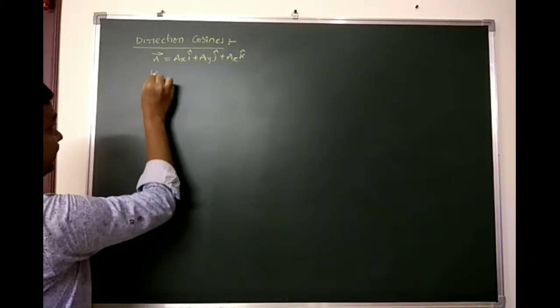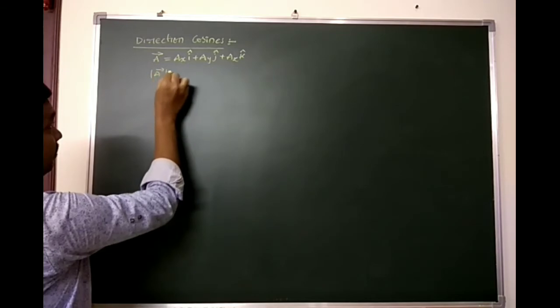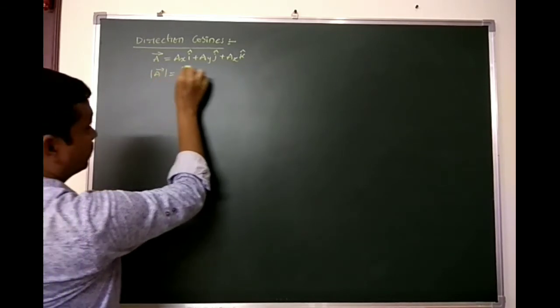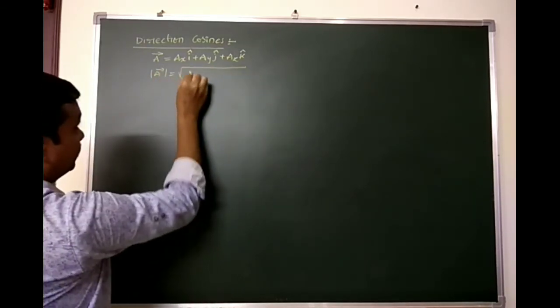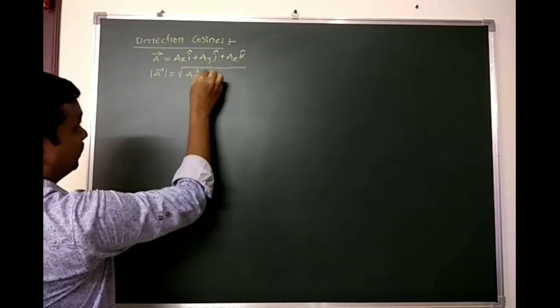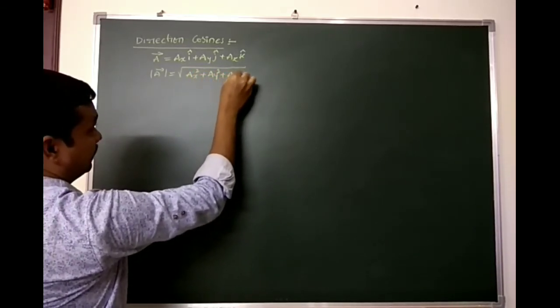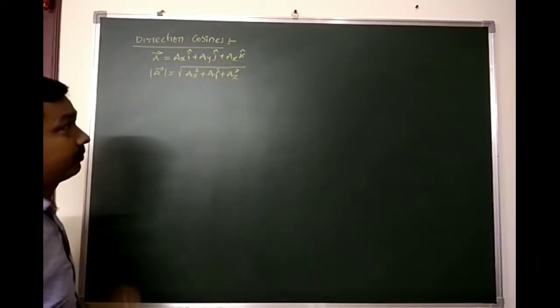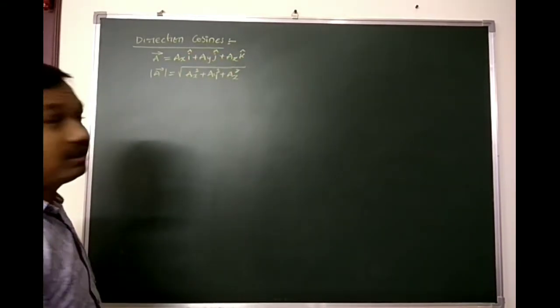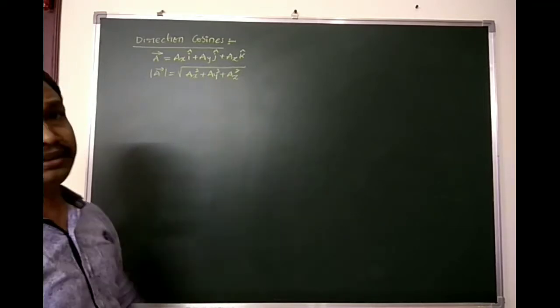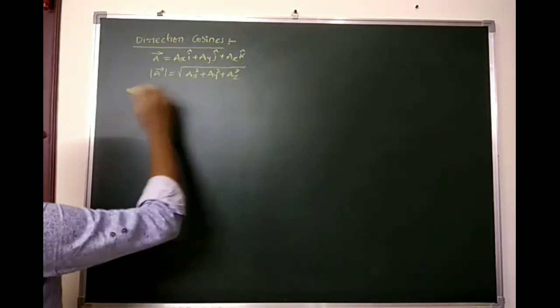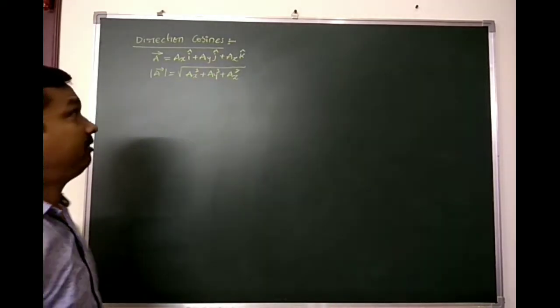I am finding it directly here. A bar is equal to the square root of Ax square plus Ay square plus Az square. Whatever the sign may be, you need to take the squares. This gives you the magnitude of a vector.